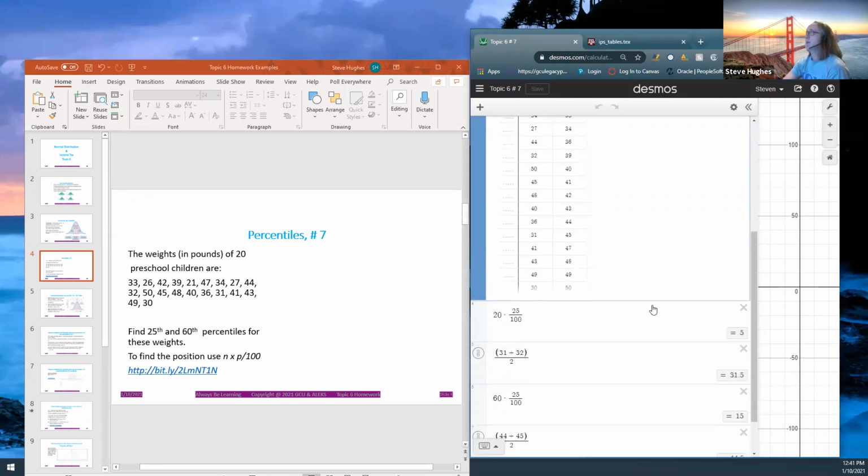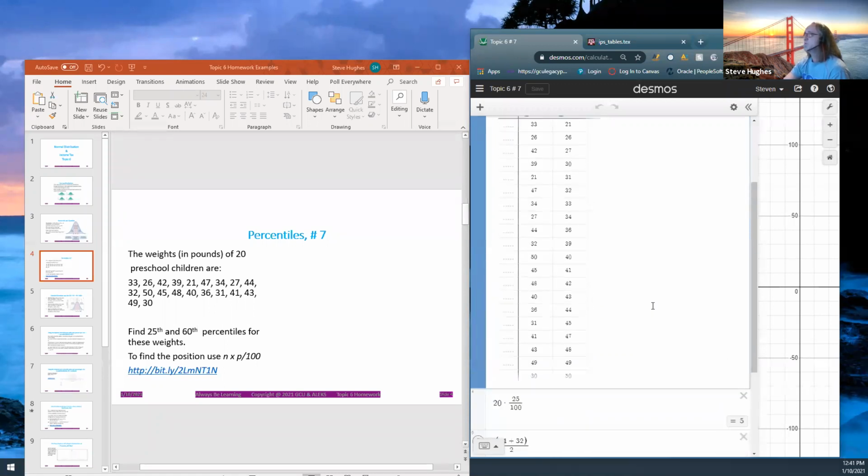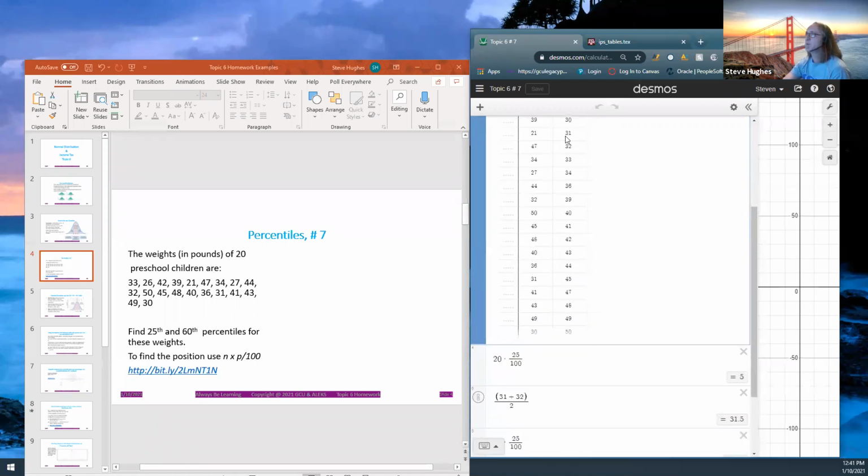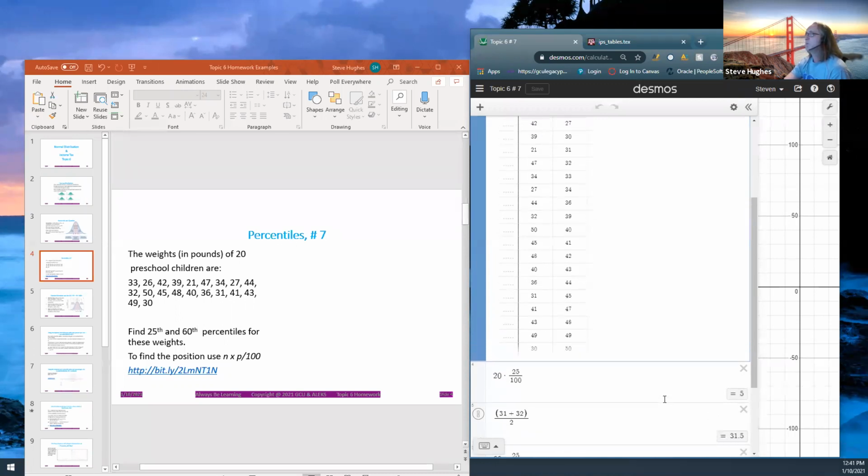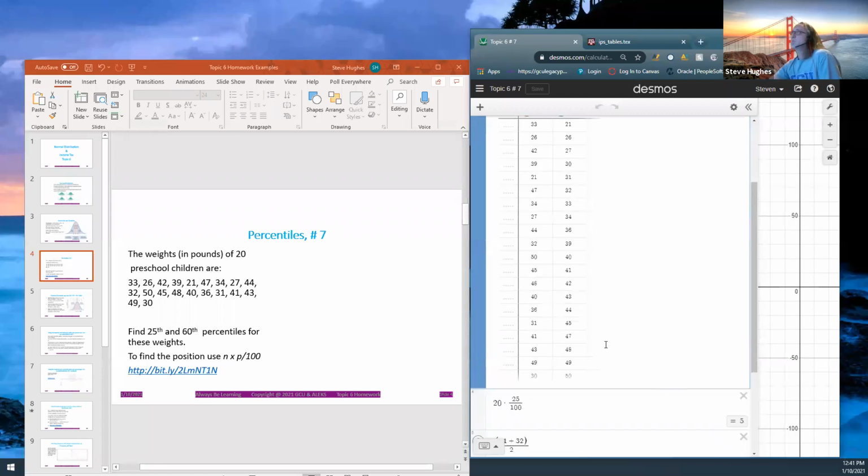You can see I added 31 plus 32, right? That's because 31 is the 5th, 32 is the 6th position. Therefore, 31 plus 32 divided by 2 is 31.5. Okay, notice with me, 31.5 is between those two values. So I'm right here, right?